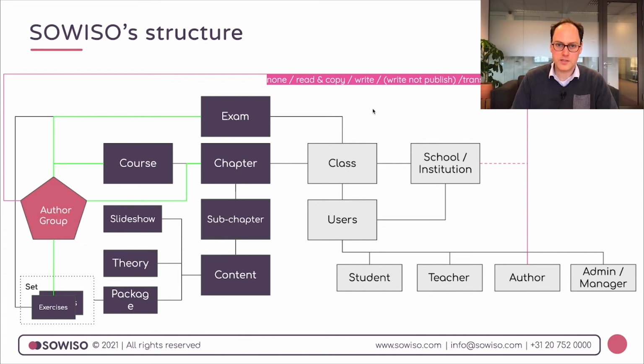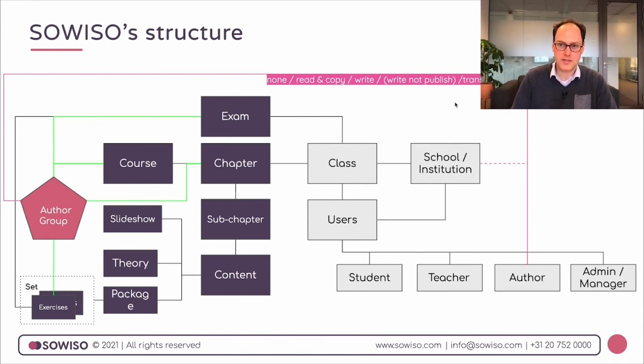If he has read and copy permission, he gets to see all content and he can copy it to his own authoring environment, authoring group, but he's not able to edit it. So he just has read and copy rights. Then if he has write access, he can actually edit everything and also delete and change everything.